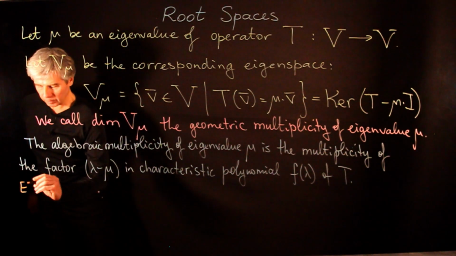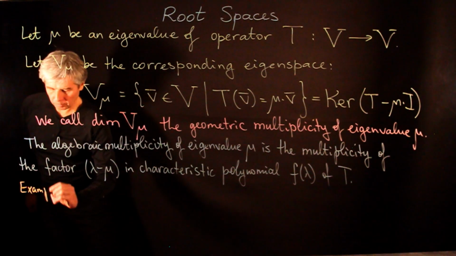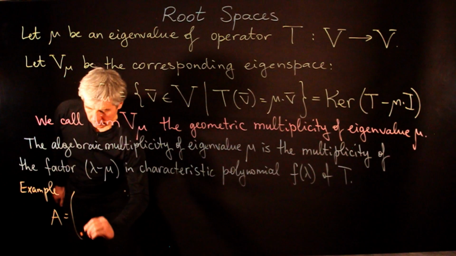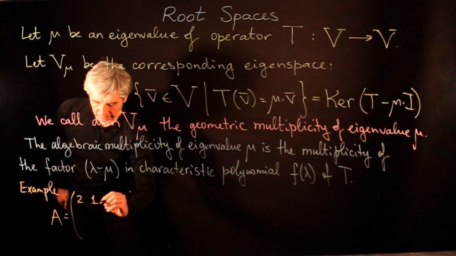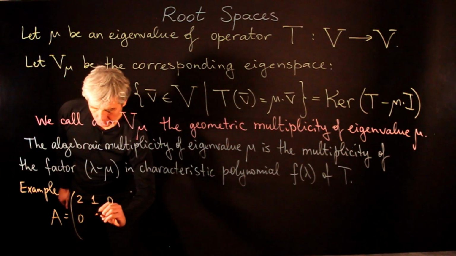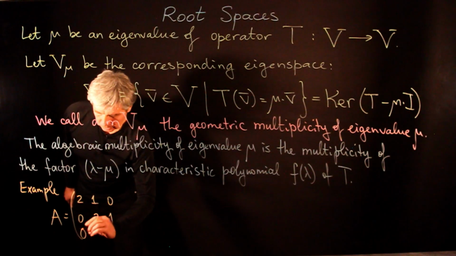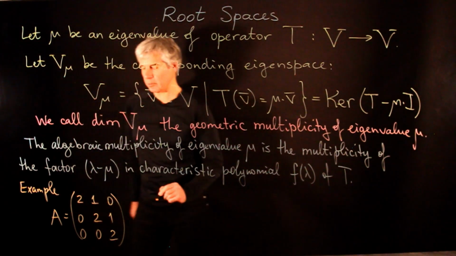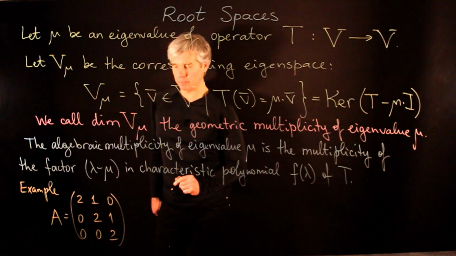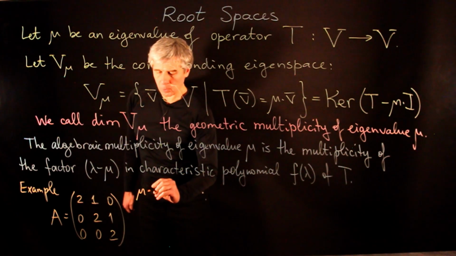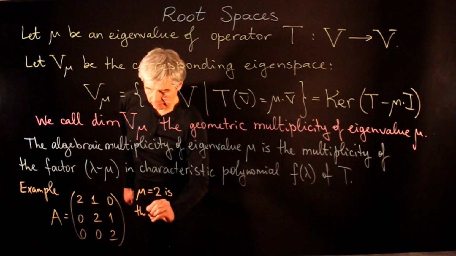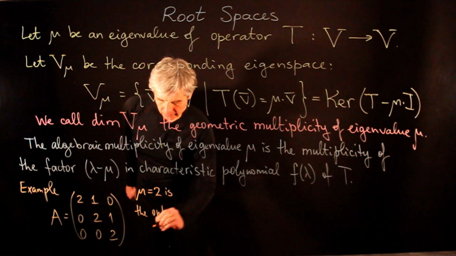Let's look at an example. Suppose we have the following matrix A. So it's 2, 1, 0, 0, 2, 1, 0, 0, 2. So this is a Jordan block of size 3 with eigenvalue 2. So here mu equals 2 is the only eigenvalue.